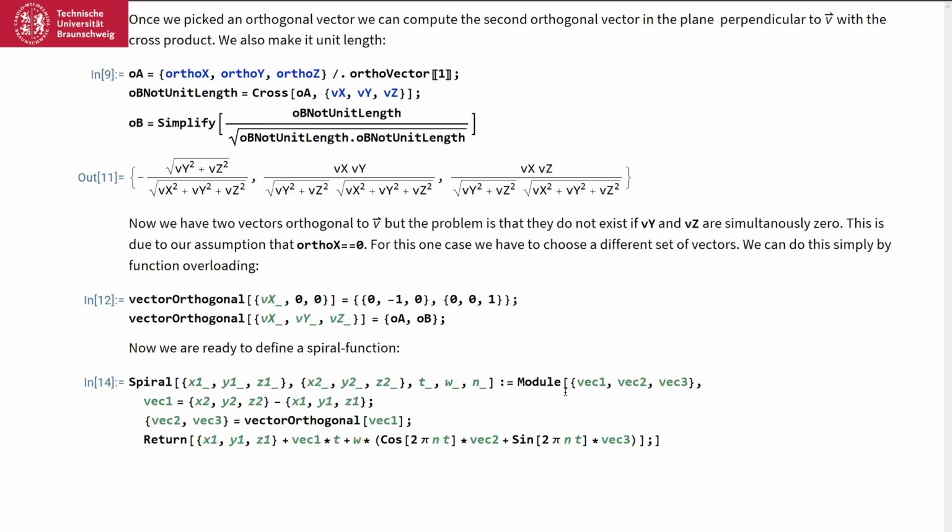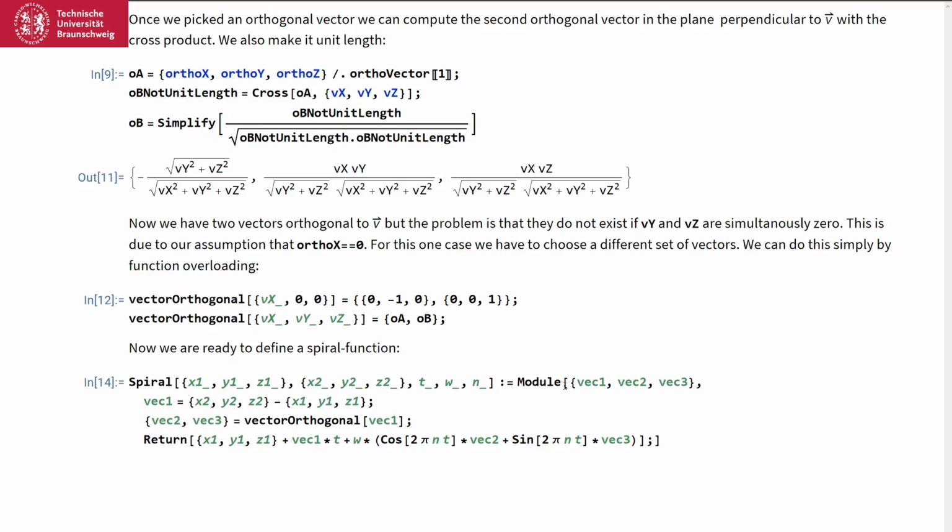Okay, no, you don't. From memory, what is module? What is module doing in Mathematica? I don't remember. You don't remember. So we make a scope. Do you remember what a scope is? Yeah.